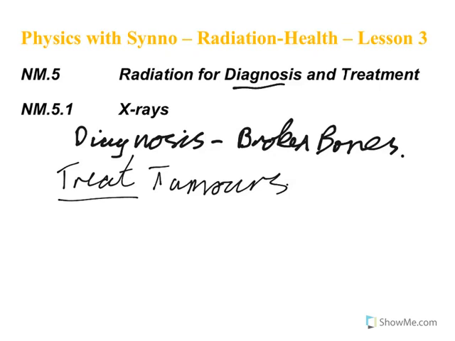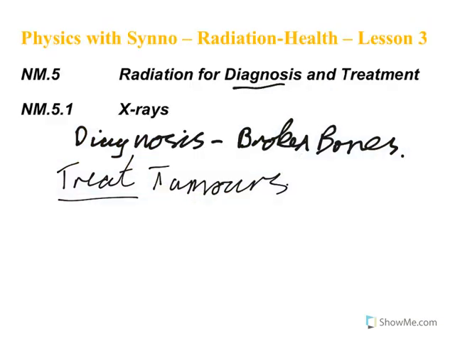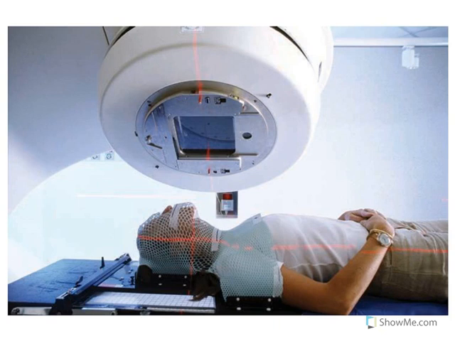So to do this, in this kind of diagram that's in your notes that I'm going to put up. Alright, so here's where we can use X-rays to treat tumours.